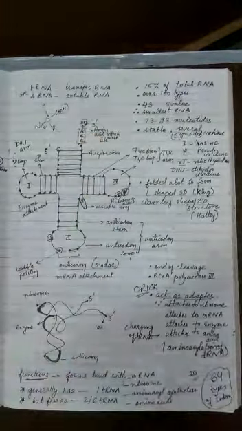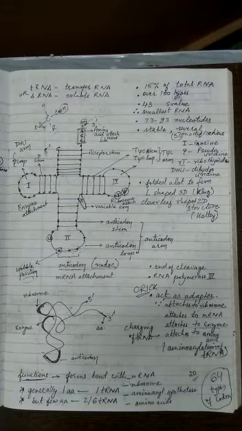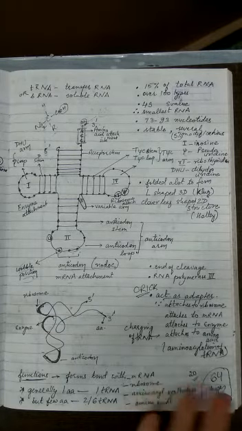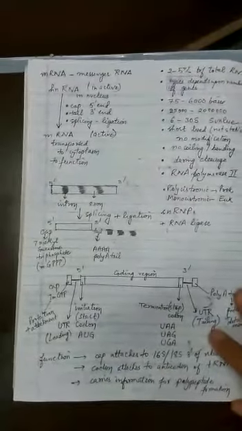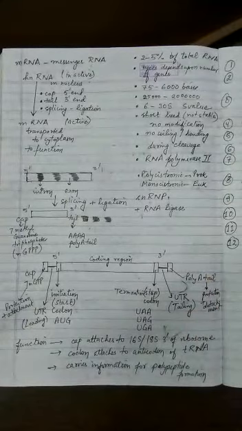So this is how the tRNA functions. This brings us to the next topic, which is the messenger RNA. This is the last type of RNA which we have to understand.